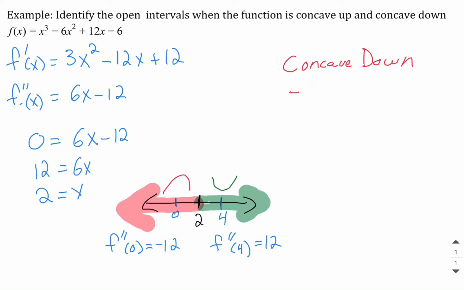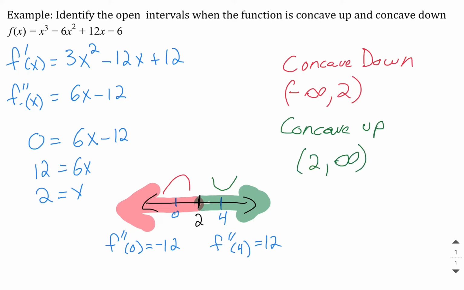So that's going to be negative infinity to 2 with the open interval, and we are concave up from 2 to positive infinity, so everything past that. So that's all I'm going to ask you guys to take a look at today: identifying where we're concave up, where we're concave down, and just writing the interval of the domain that is concave up or concave down.